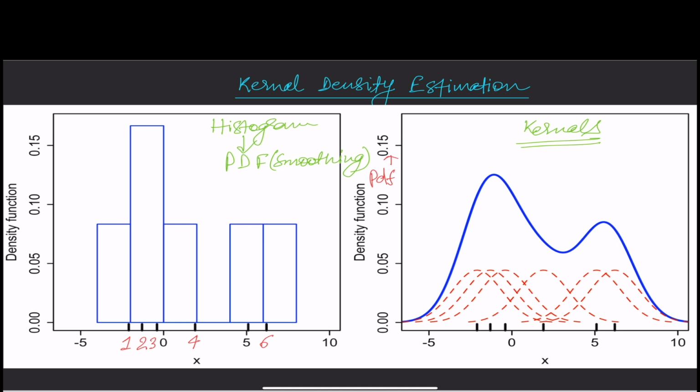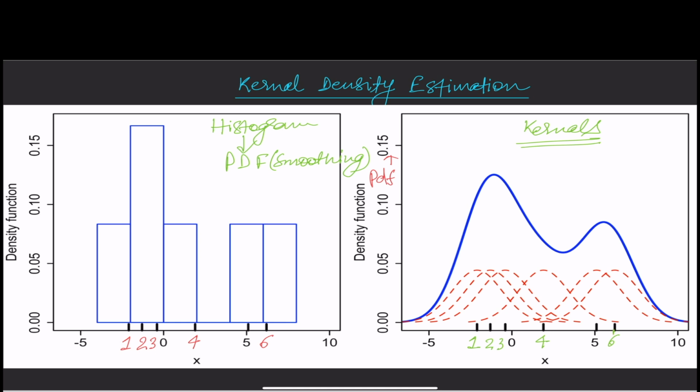The way it works is as follows. Let's take each of my points here. This is my first point, this is my second point, this is my third point, this is my fourth point, this is my fifth, and this is my sixth point. Let's take this sixth point.